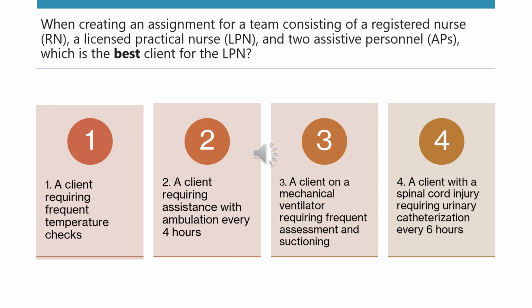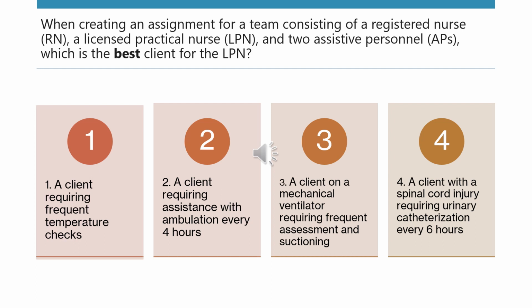A client with a spinal cord injury requiring urinary catheterization every 6 hours. So individuals that we have to catheterize, our LPNs can do that. The LPNs can definitely do that on these individuals, as long as the scenario didn't say anything about them just coming in from a car accident, so they're not unstable or anything at this point.